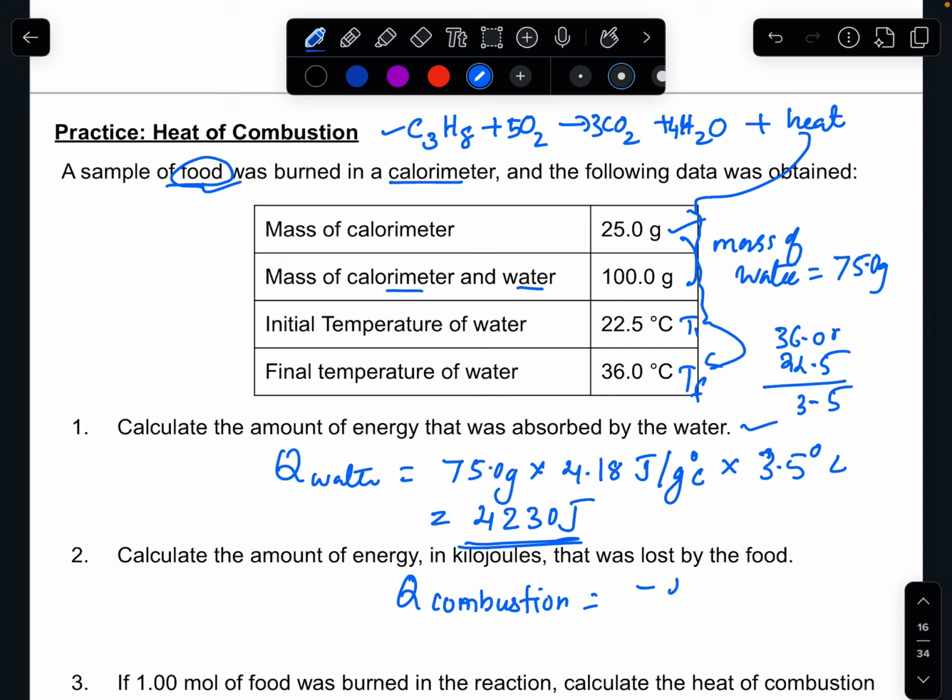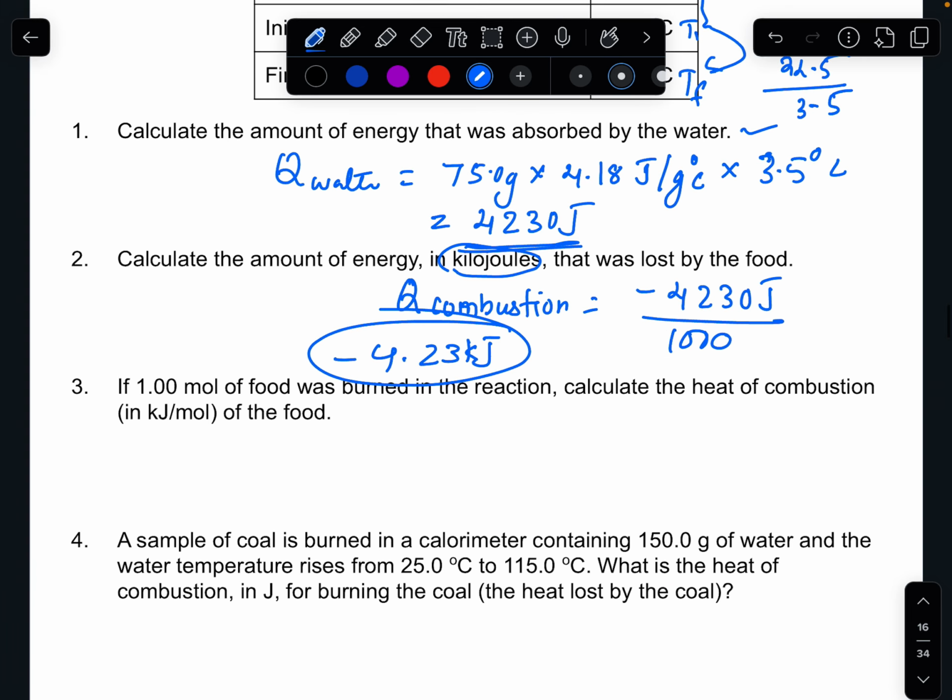Negative of this, negative 4,230 joules. And it is asking in kilojoules, then you have to convert that into kilojoule by dividing by 1,000. So that will be negative 4.23 kJ. Okay, that is that.